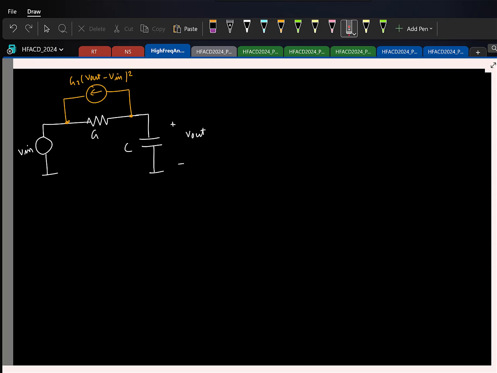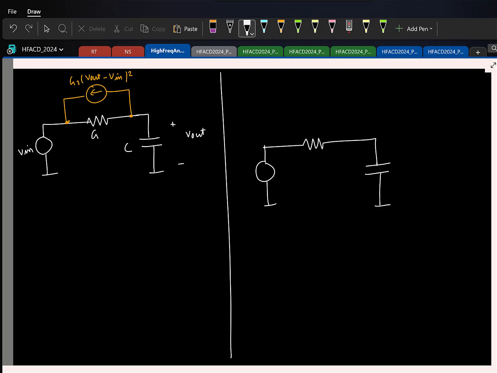So now we have truly linear elements. It's a linear circuit, but it has two inputs. What do we do? We use superposition. So let us say I try to find the response only due to the voltage source first. So I have the voltage source alone, R and C. So I can find V out, right?